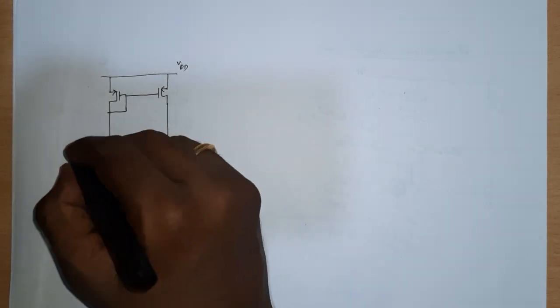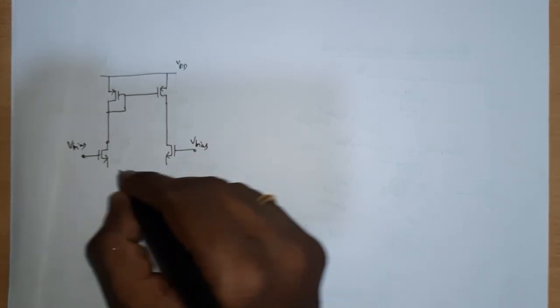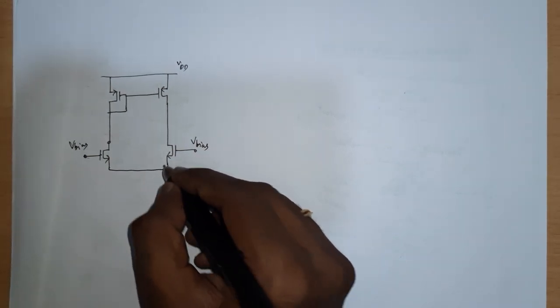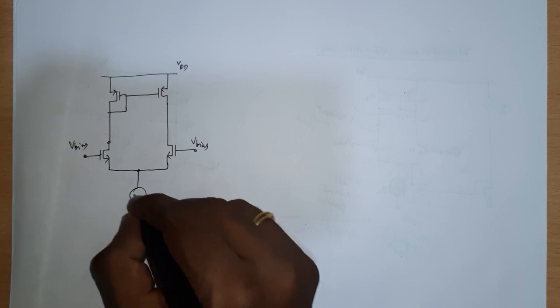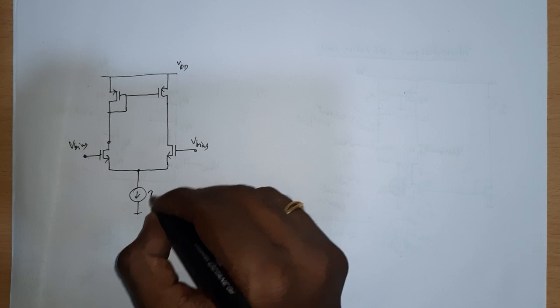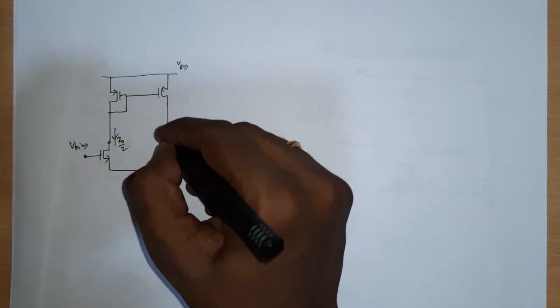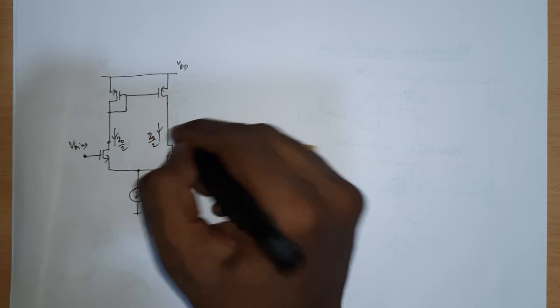Let me draw the whole picture anyway. This is V bias, and the source node, and I'll have my tail current source. This is my tail node and this is my tail current source, I0. I'll have a current of I0 by 2 here and I0 by 2 here.